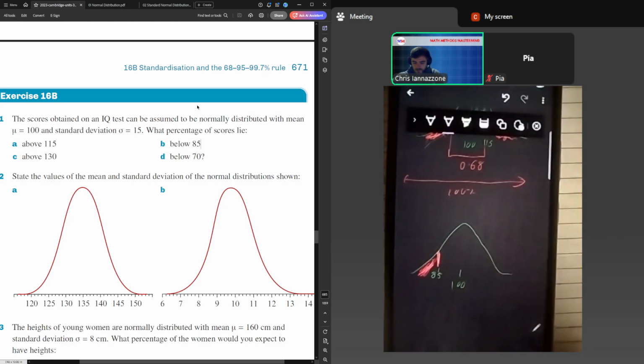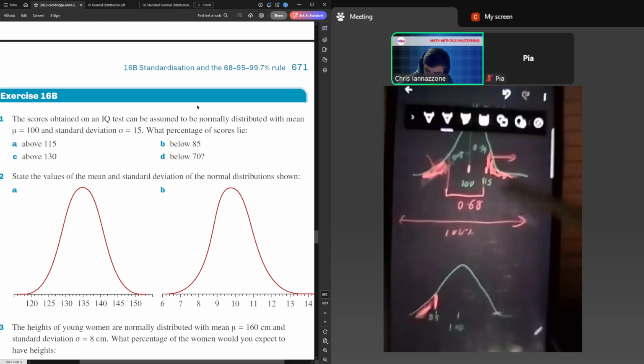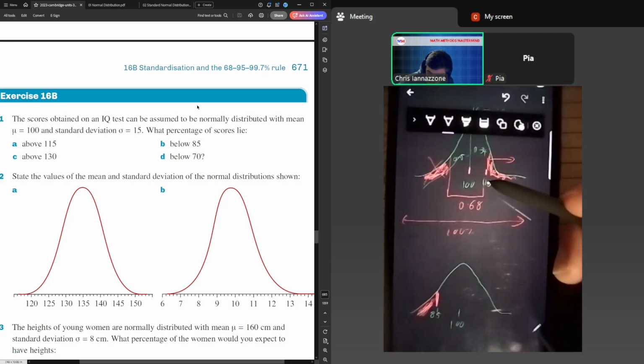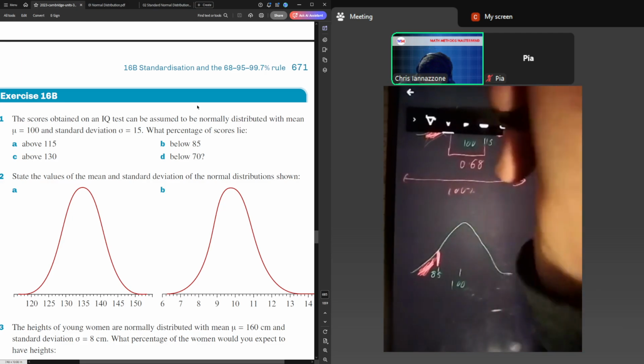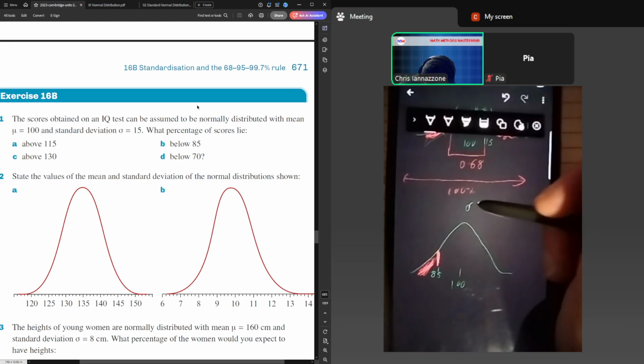The first question from what we had to answer before was what does the value mean in terms of standard deviations? So what does 85 mean in terms of standard deviations?